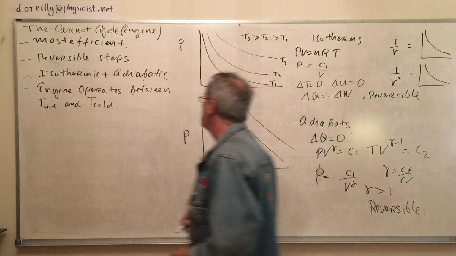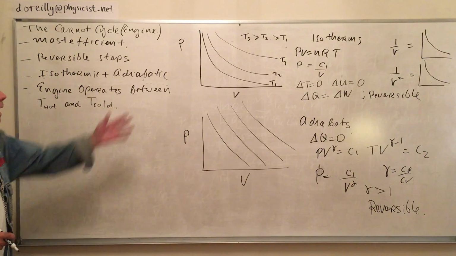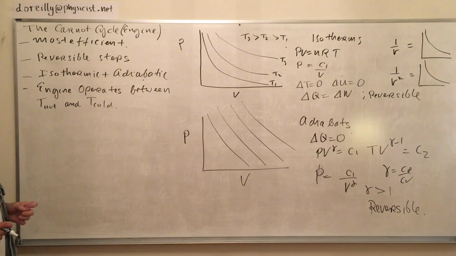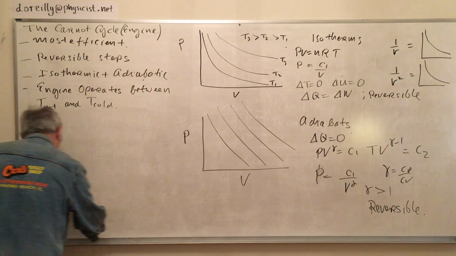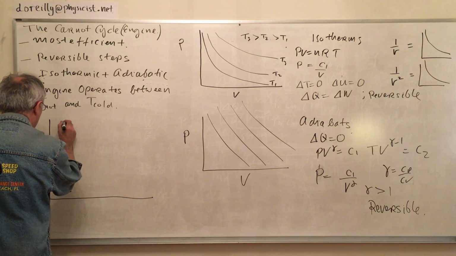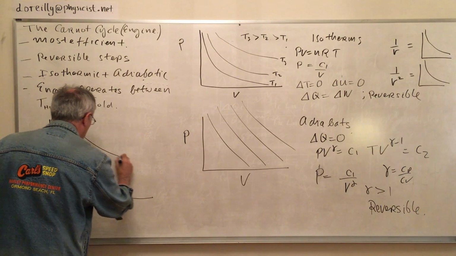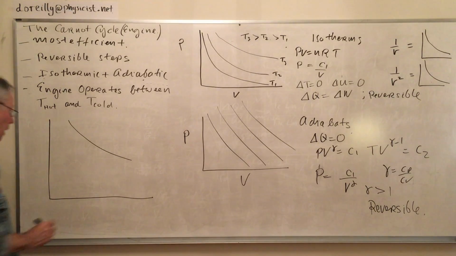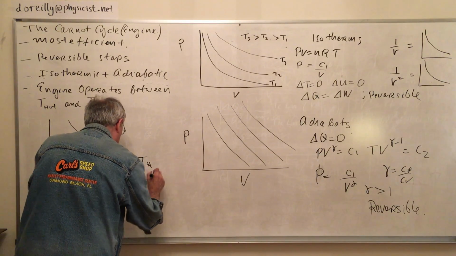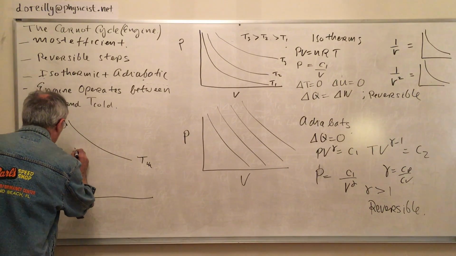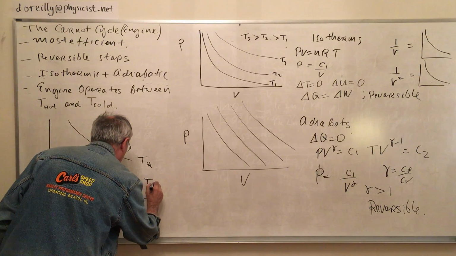So using the reversible processes of isothermal and adiabatic, Carnot constructed his engine. So he'll take an isothermal at T hot, and an isothermal at T cold.